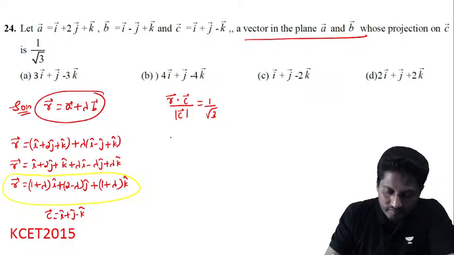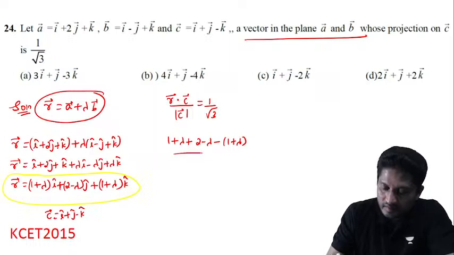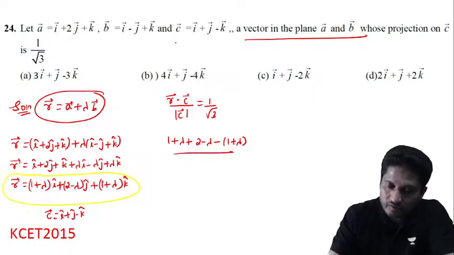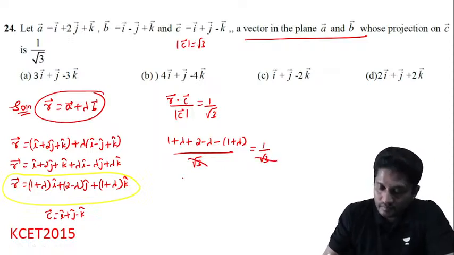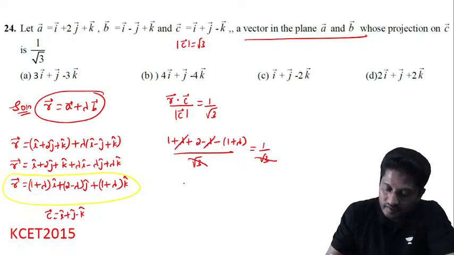Now r dot c will be equal to (1 plus lambda) plus (2 minus lambda) minus (1 plus lambda), divided by modulus of c. Mod of c is root 3, and this is equal to 1 upon root 3. Root 3 will cancel as well. 1 plus 2 minus 1 minus lambda is equal to 1.